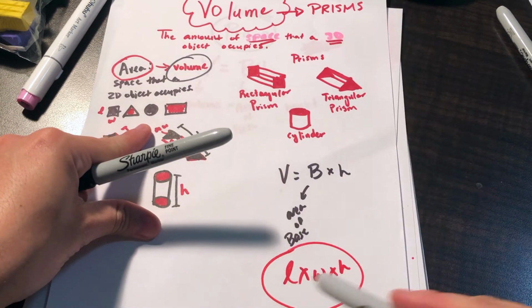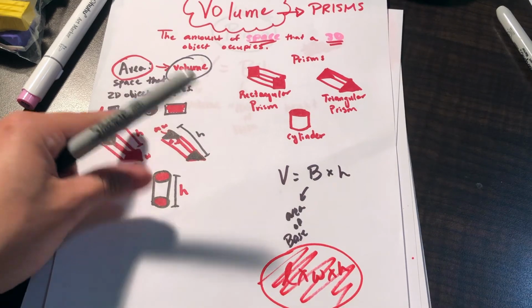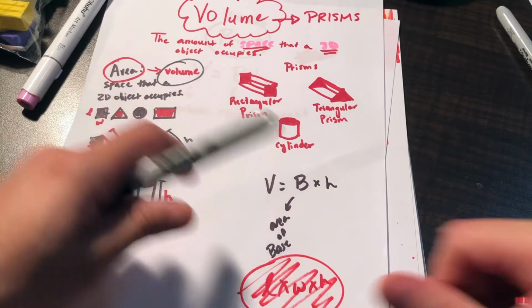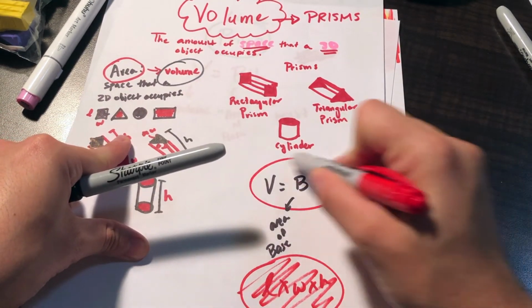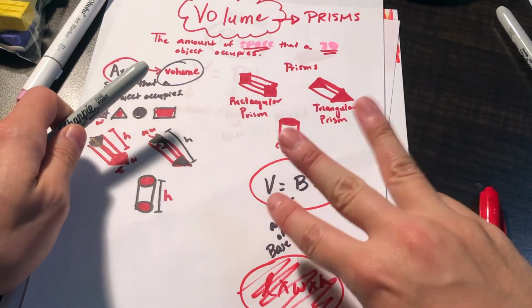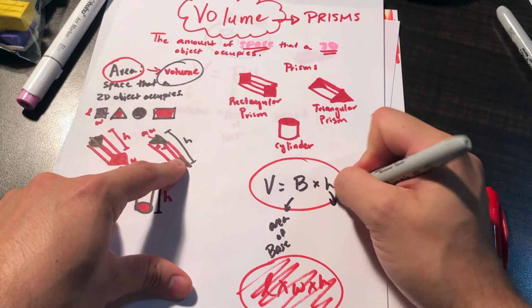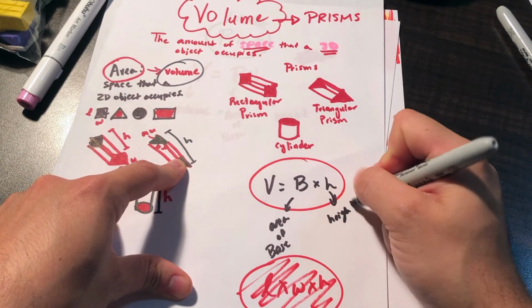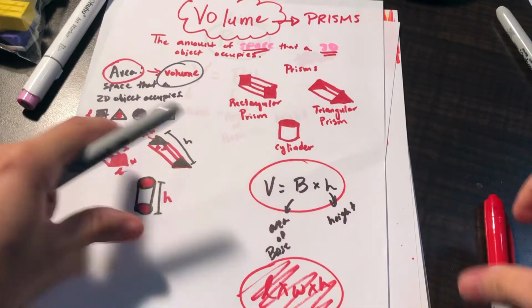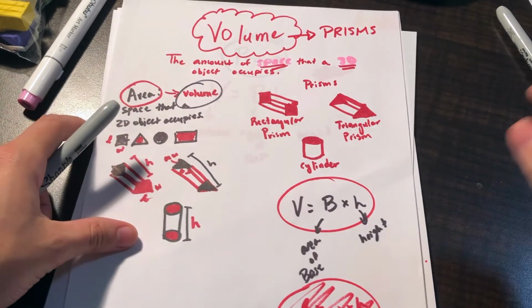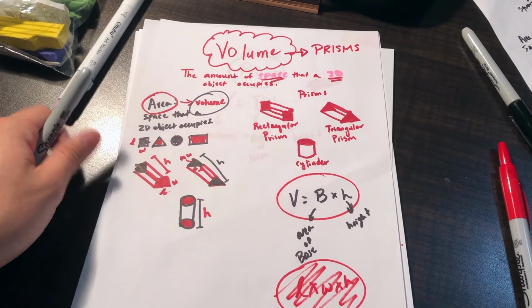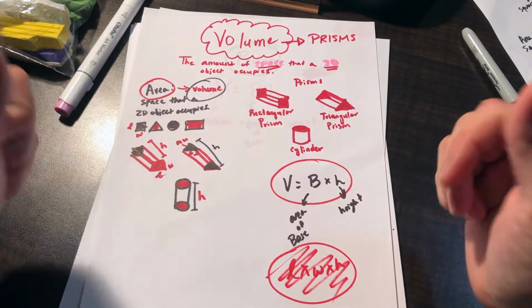Completely erased out of our memory. That is gone. Now we're using this formula to find the volume of shapes that are 3D, okay? H stands for height, by the way. All right, so there you go, guys. That was this week's lesson. Coming up next is your challenge for this week.